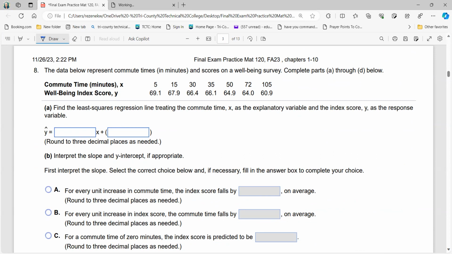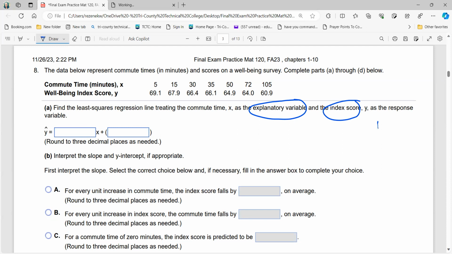Okay, let's do regression analysis. This is Unit 2, and I know some people have forgotten Unit 2. The data below represents commute times in minutes and scores on a well-being survey, complete parts A through D. Find the least squares regression line treating the commute time X as the explanatory variable and the index score Y as the response variable.